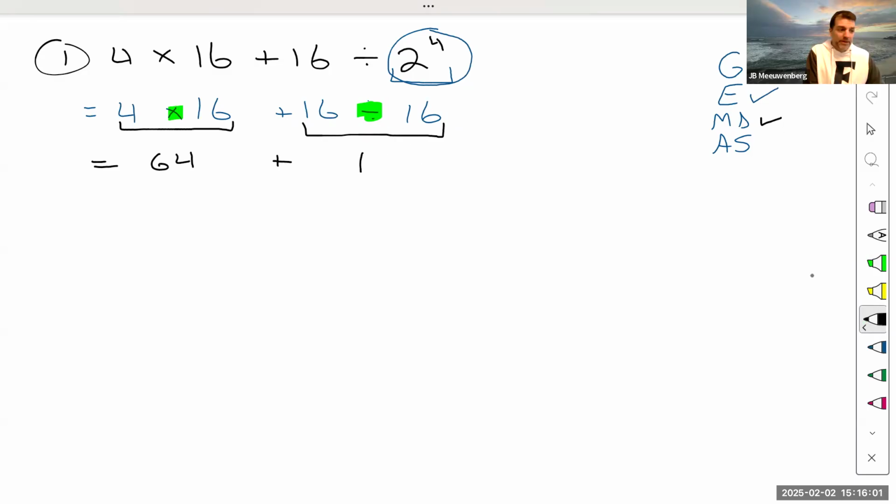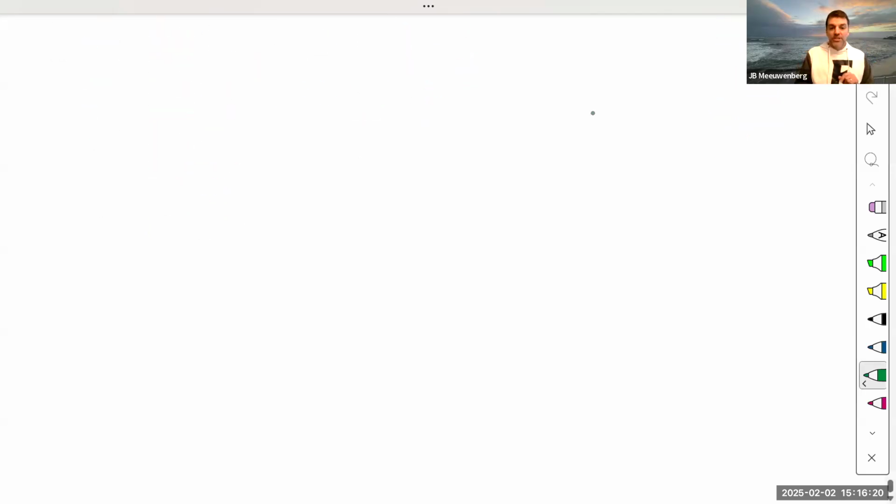I've now completed my multiplication and division, so I can proceed to my addition and subtraction, of which there is just 1, and we end up with 65. So that's the order in which we need to do these operations when you have more than one thing to do in a problem. So let's give you several of these to work out on your own.